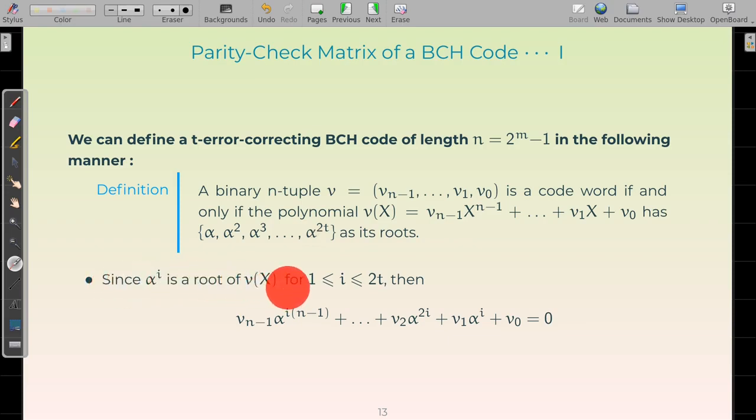So since alpha^i is a root of v(x) for i from 1 to 2t, when I put alpha^i in this polynomial v(x), I will get 0, right? Because alpha^i is basically the root of v(x). So this is going to be true: v_{n-1} alpha^{i(n-1)} all the way up to v_0 is going to be equal to 0, right?